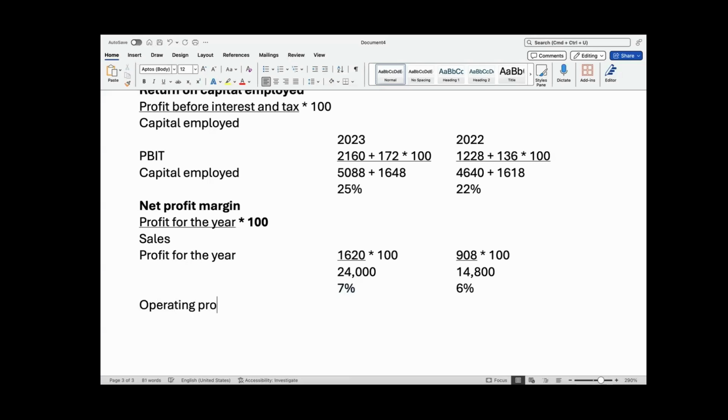Let's do operating profit margin. This is very similar to net profit margin, but in this case, we are using PBIT, your profit before interest and tax, times 100, divided by your sales. So I don't have to go up. My PBIT is up here, I can simply use this.